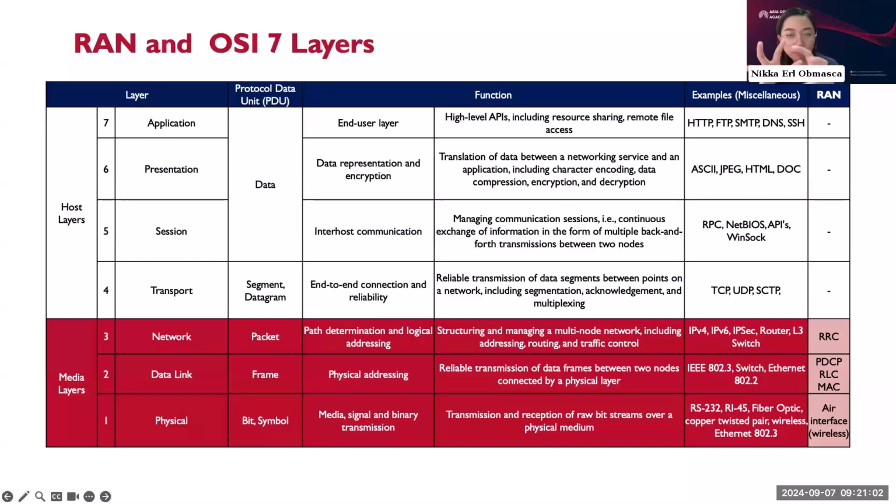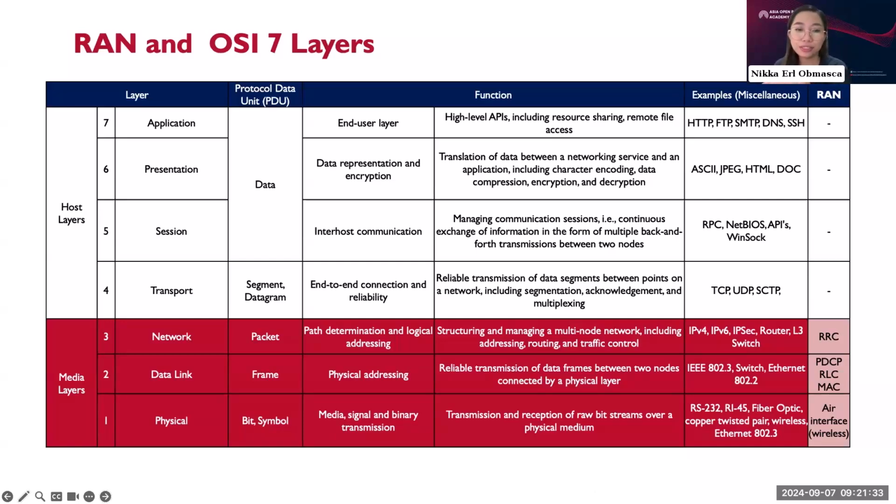This basic concept, or this model, is very essential knowledge for engineers and telecommunication professionals who work with these systems, to understand these systems more. So this is where we use the OSI model.